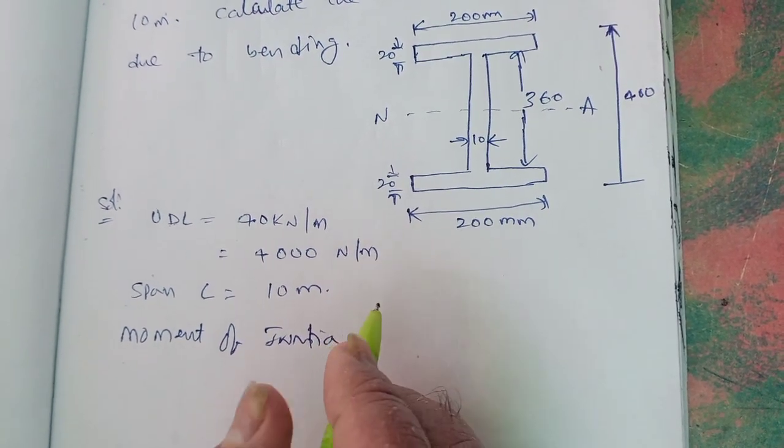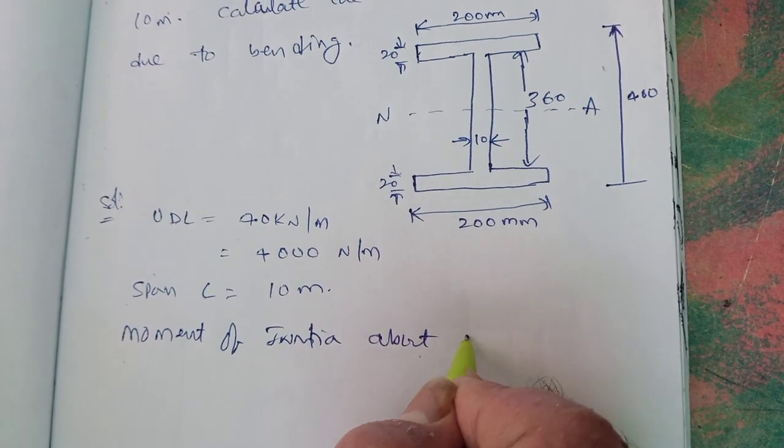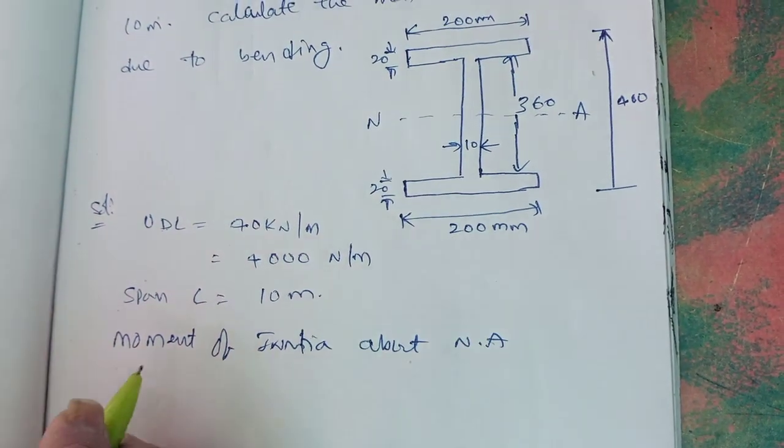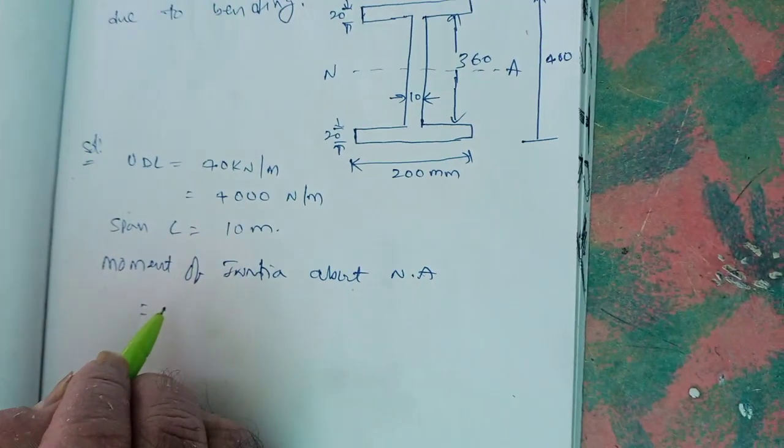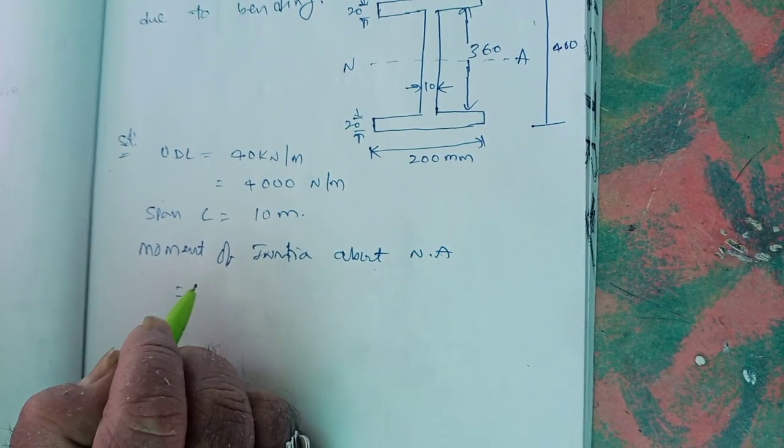Moment of inertia about the neutral axis is equal to, we know the formula, BD cube by 12.